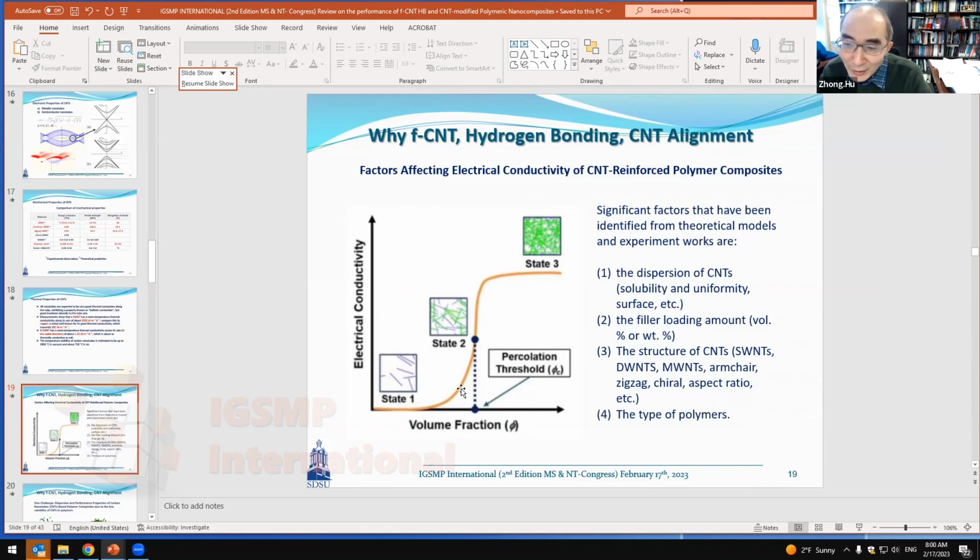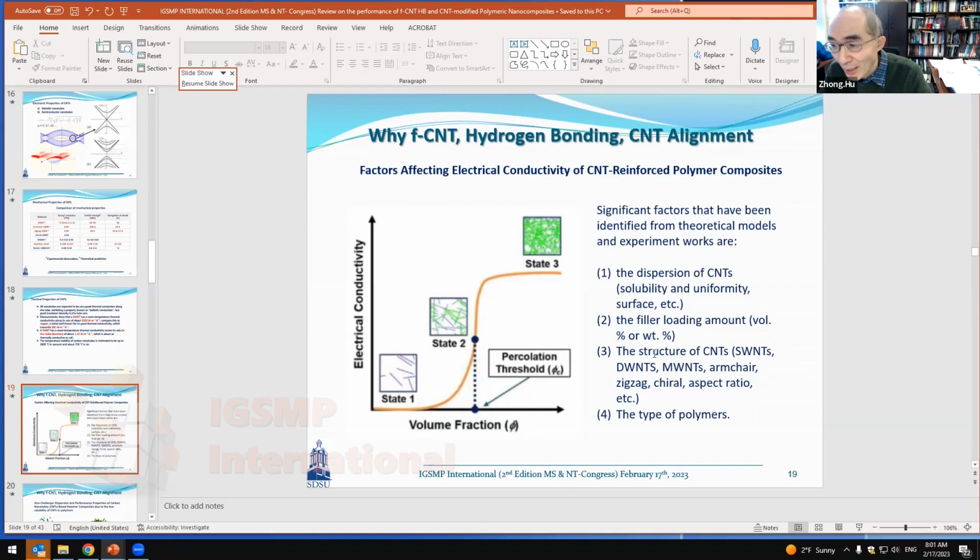Or if you look at the mechanical property, we have another transition, for example from brittle material to ductile material. We also have a transition at some percentage or critical value. It's similar. So that's the loading amount.